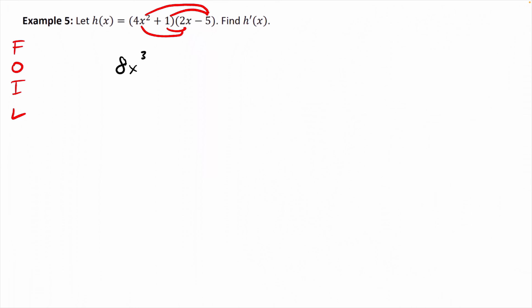Outer, 4x squared times negative 5. Inner, plus 2x. Last, negative 5. That's the original. It's not the derivative, it's the original. Now I can use the power rule.